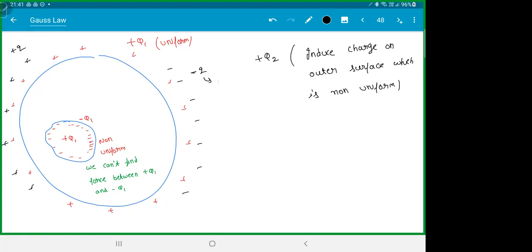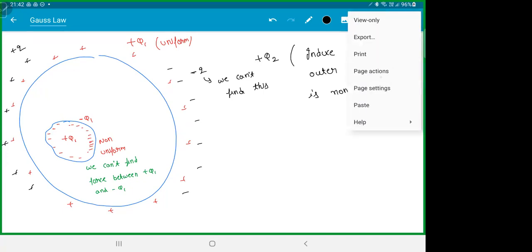Makes sense? And we don't know this value. We can't find minus Q. Are you getting the distribution? The charge outside also will interfere, so that will create a charge on the outer surface. All got this? Now let's see the questions.